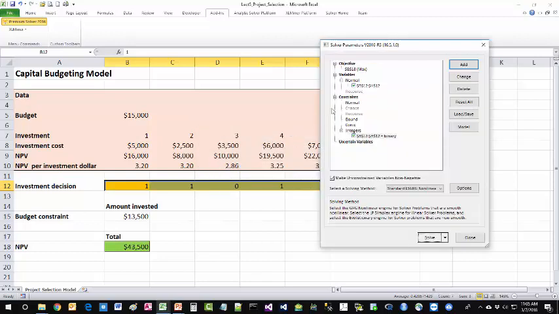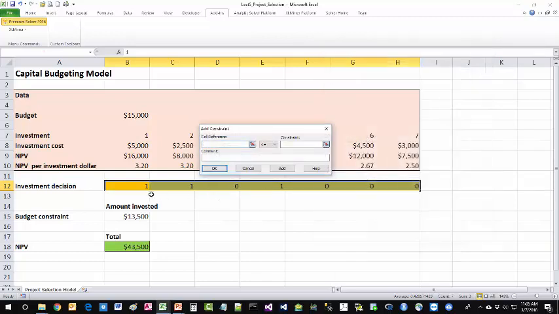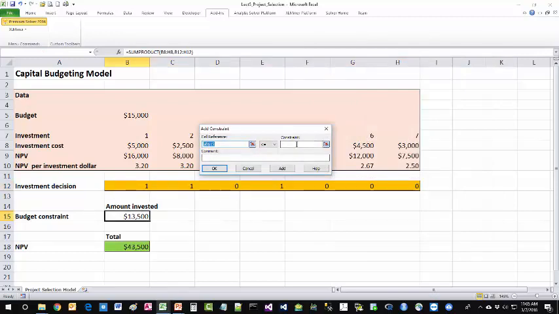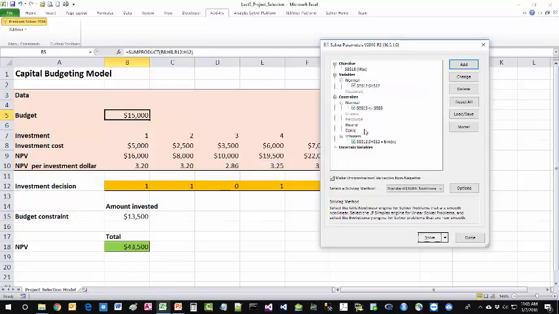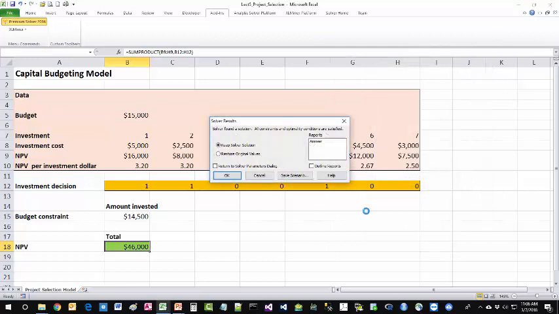Then there's a simple normal constraint that the amount invested has to be less than or equal to the amount of budget available. In this case, it does not matter whether you make the unconstrained variables non-negative. We'll just keep it, since I think they're all checked. But make sure you select LP and then solve it.